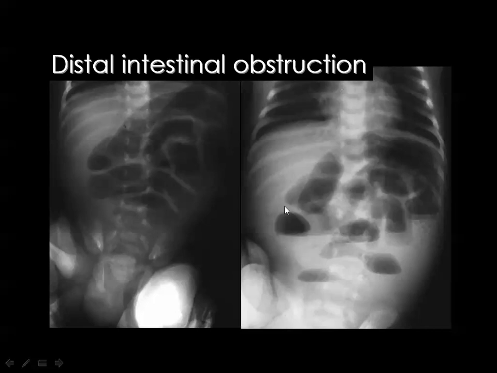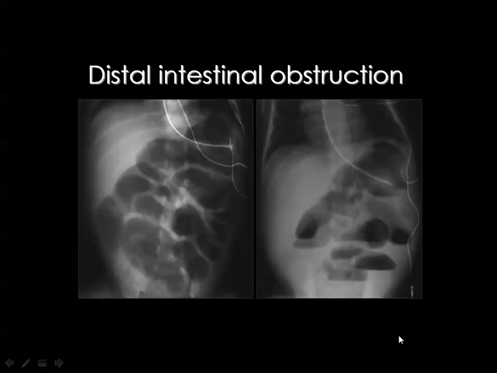If you see small bowel only, this means that you are dealing with a small bowel obstruction, usually in the distal ileum. But if you see also colon, as indicated by the haustra of the colon, then you know that the obstruction is distal in the colon. And here is another example of intestinal obstruction.